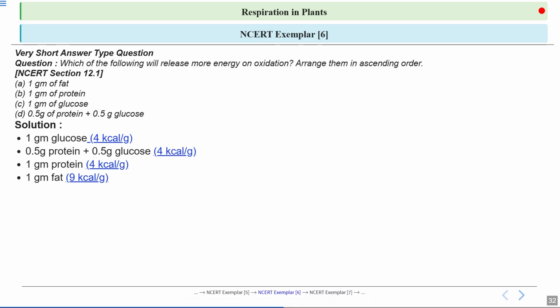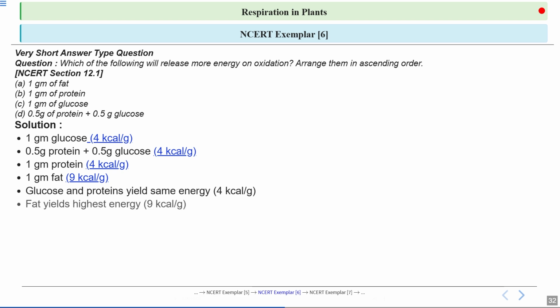This is why fats are the body's main long-term energy storage. So glucose and proteins yield the same energy per gram, that is 4 kilocalories. And fats, we saw, yield the highest energy, that is 9 kilocalories per gram. This makes fats the most energy-rich food molecules.